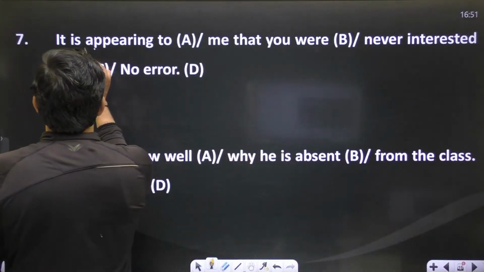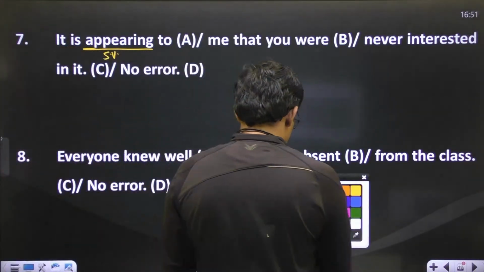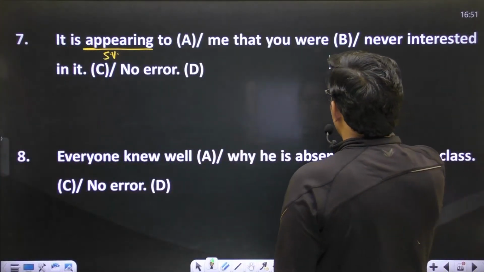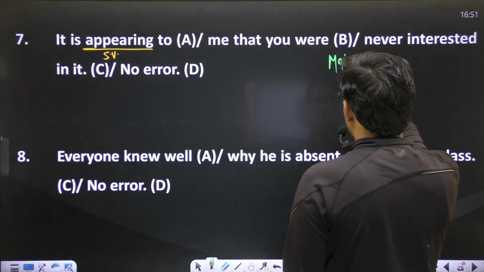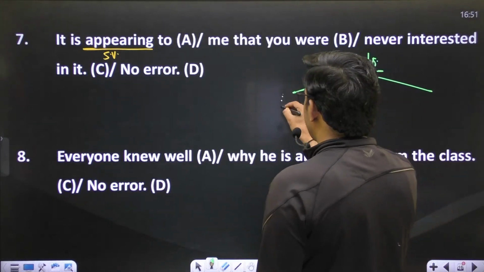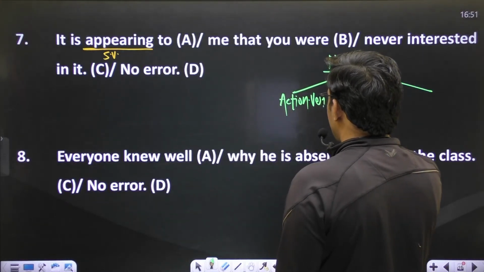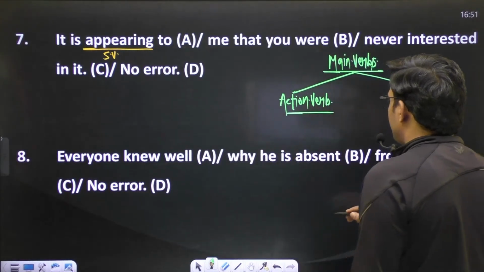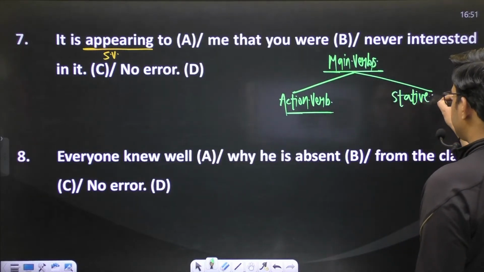Okay, here the verb appearing is a stative verb. Do you know about this concept? Main verbs are of two types. One is the action verb, and the second one is the stative verb.